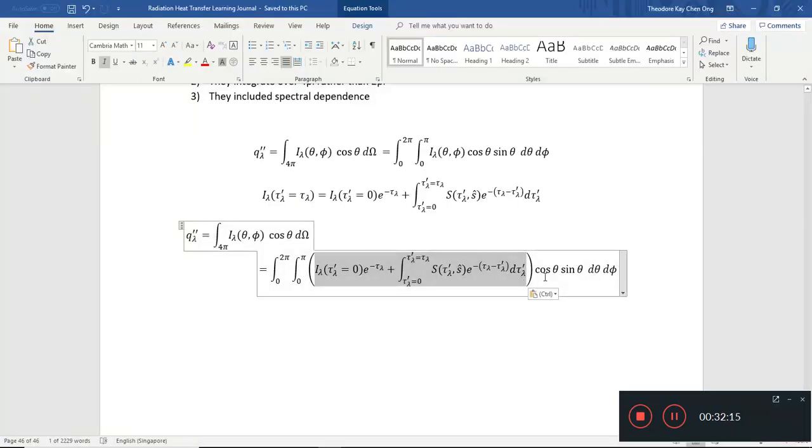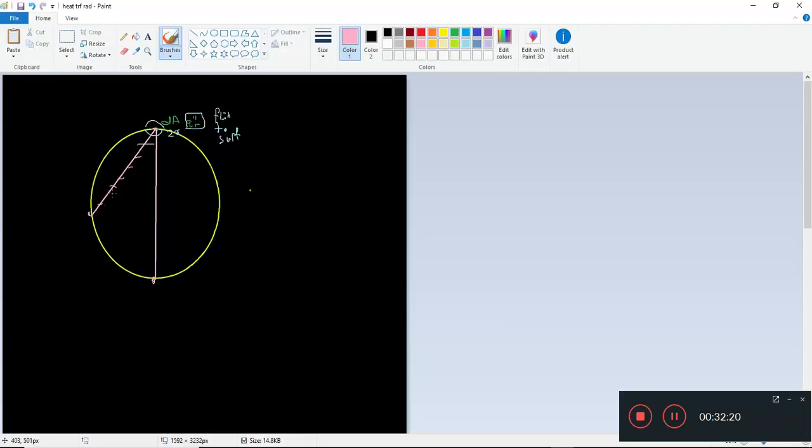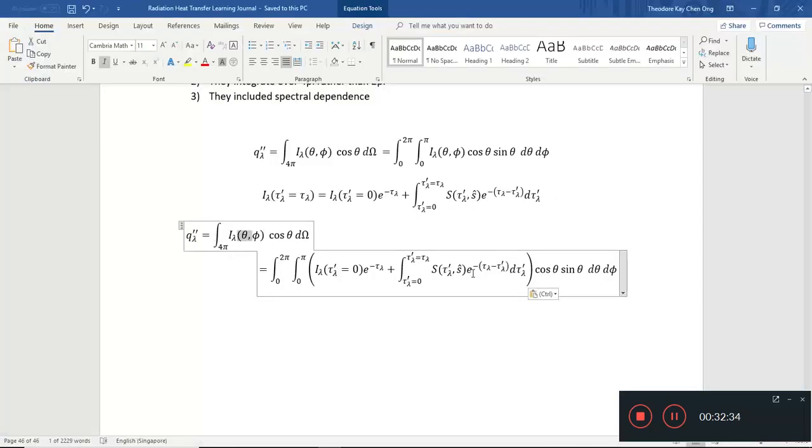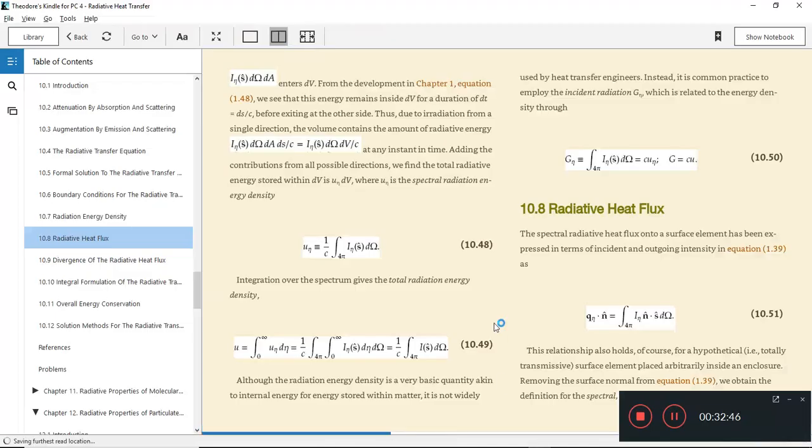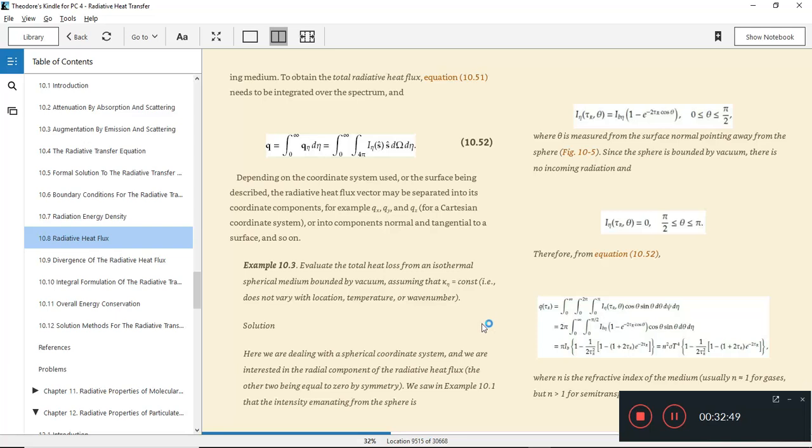Of course, this is dependent on theta and phi, because in this case, you have a different optical distance to consider for each angle. And then we integrate the contribution from all solid angles just to get this little heat flux thing. That's what it physically means, and it's always good to know.